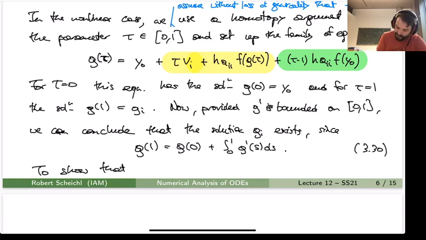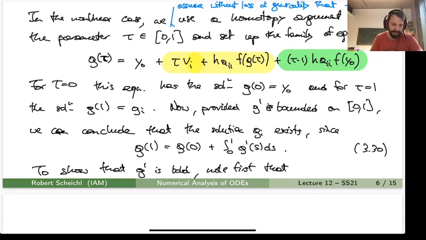Now, to show that g prime is bounded, we note first that f was assumed to be differentiable.